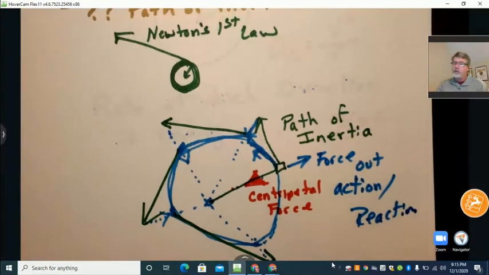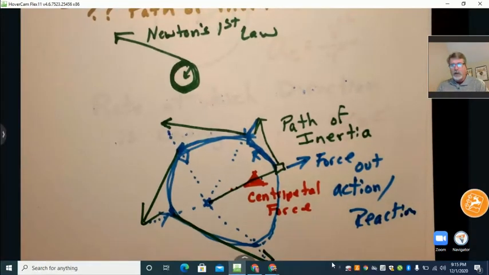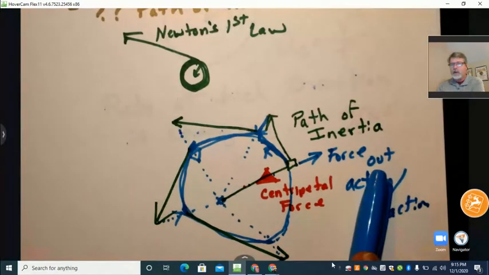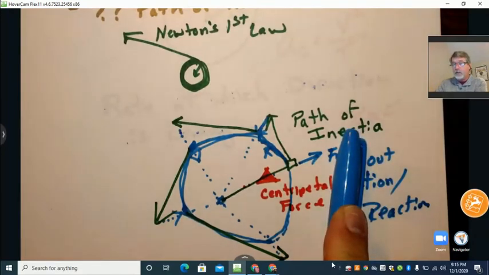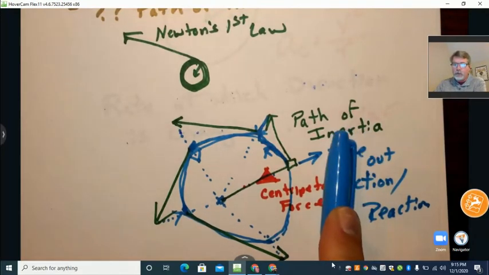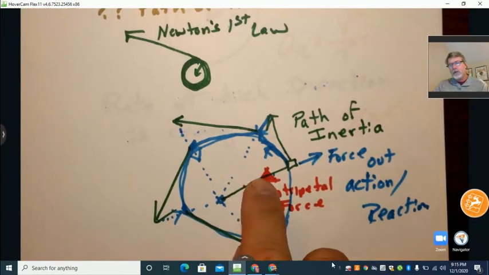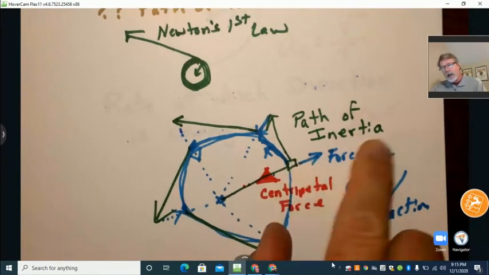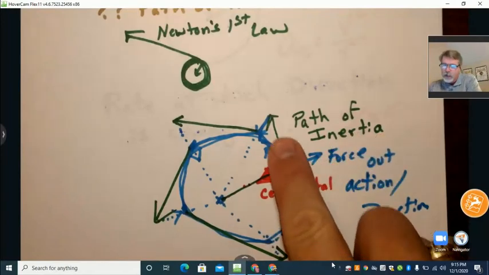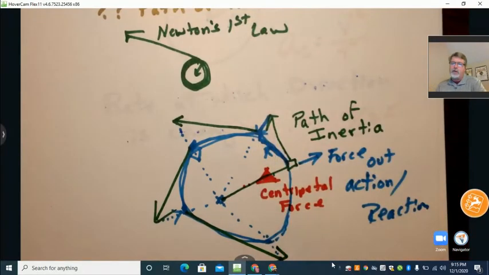If there's a force pulling you towards the center, there's that force trying to travel out. But you're actually not trying to travel out. You're trying to fly off in a straight line. So if I cut this string, if I remove the centripetal force, the object does not fly out. It flies the path of inertia, a straight line tangent to its circle.